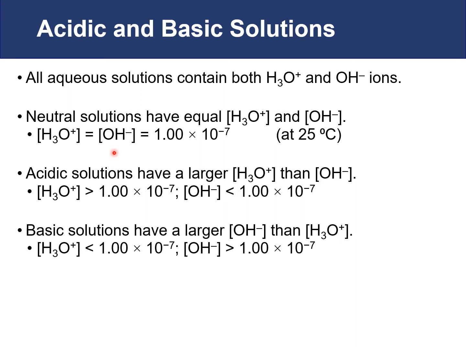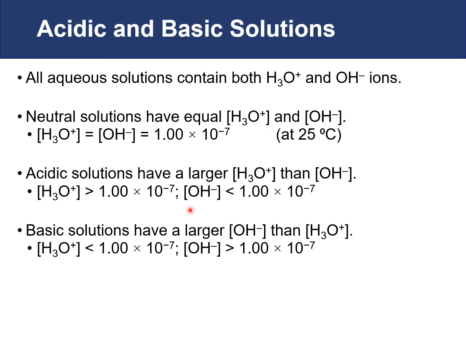Acidic solutions are those that have a larger concentration of hydronium ions than hydroxide ions. Again, at 25 degrees Celsius, that would be the concentration of hydronium ions is greater than 1.00 times 10 to the negative 2nd, making the concentration of the hydroxide ions less than 1.00 times 10 to the negative 2nd.